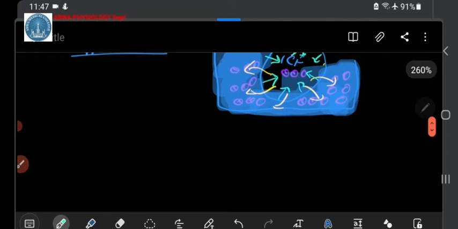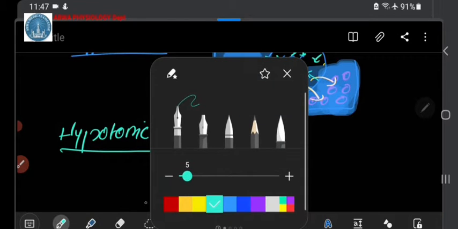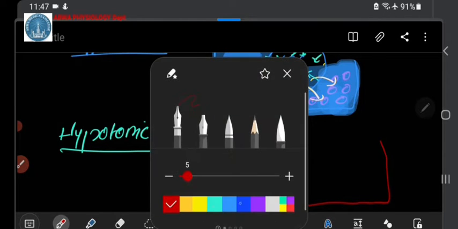Now we would go for a hypotonic solution. The same is the case if we put a cell in a solution. The cell membrane, okay, we denote like this.